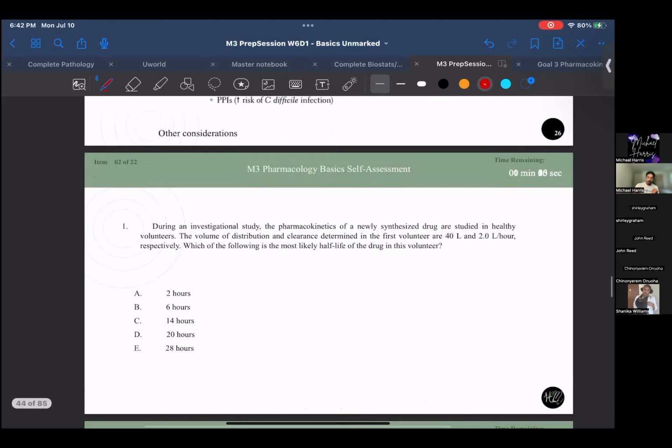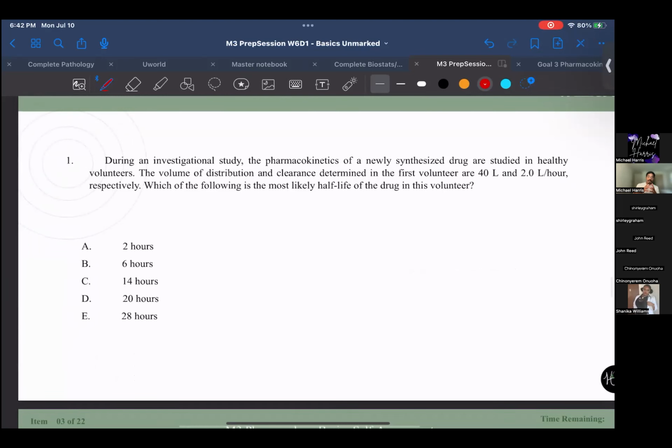Good. Now, let's focus on these questions, and then we'll move on. So here in this one is asking, what is the most likely half-life of the drug? What was your answer? We know the volume of distribution, 40 liters.